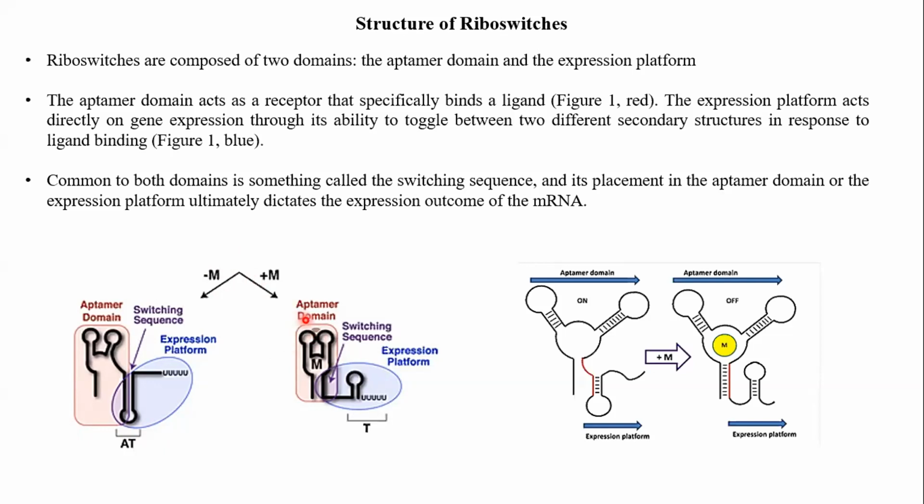And M plus means if it is present, there is no need to synthesize it because it is already present in the cell, so biosynthesizing enzymes are not required. So the ligand which binds to the riboswitch is the ultimate product of that gene or operon.